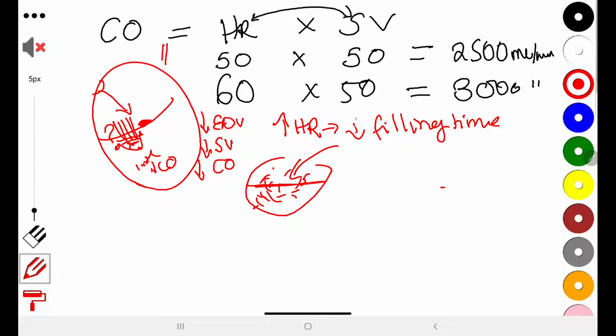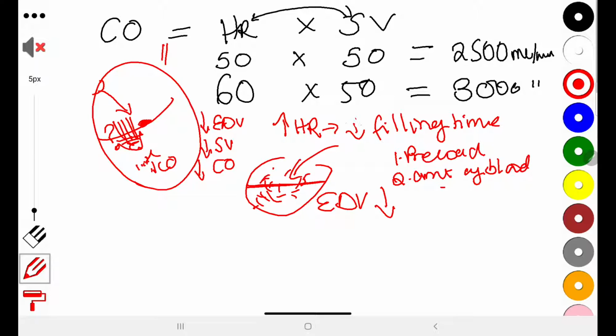So it means the EDV is going to reduce. And if the EDV is going to reduce, this means number one, preload has reduced, and number two, the amount of blood to take out of the ventricle has also reduced. So if you are reducing these two, it means that the stroke volume will reduce, and ultimately you are reducing cardiac output.